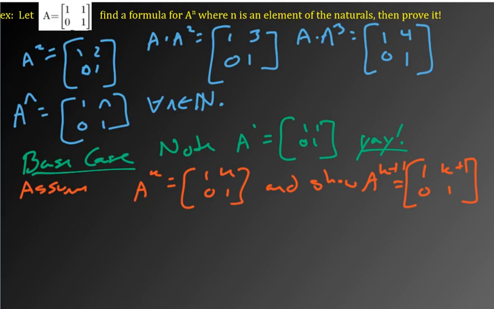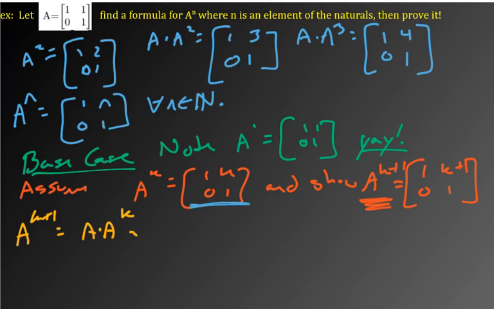And again, basically start here and just do some matrix multiplication. So A to the k plus 1 equals A times A to the k. Whoa, not k to the k. Then by my induction hypothesis, right, I'm assuming A to the k is just this matrix right here.